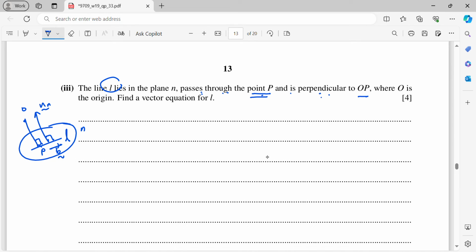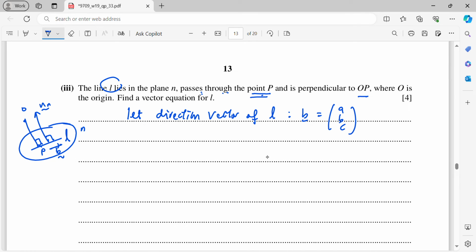Okay, firstly, I will let the direction vector of the line L be B equals to (a, b, c), because now I need to find out what my vector B is.